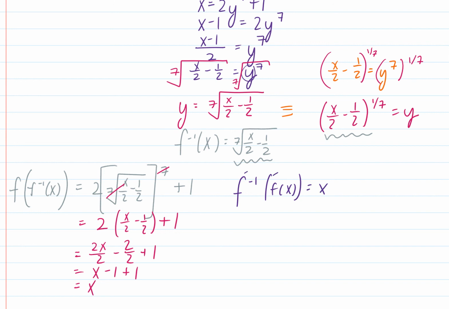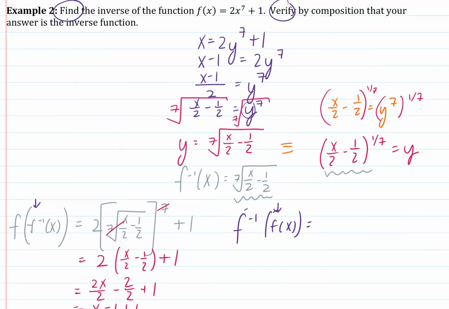We've got to be able to cancel out these two functions, whether we're first putting it into the original or first putting a value into the inverse function. So let's see if this actually works. We'll take our original function here and substitute it in. Again, use the 7th root or to the 7th power. Either one is fine.